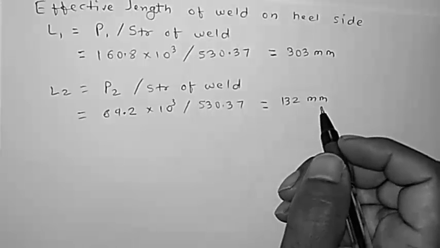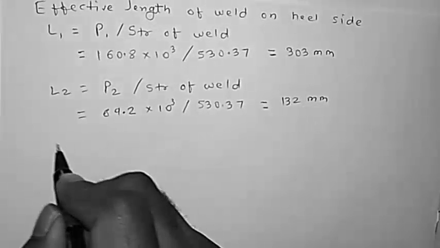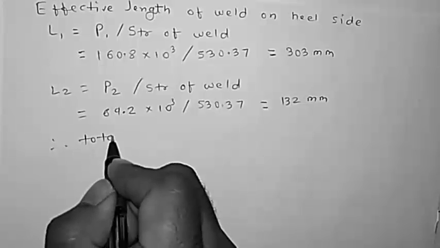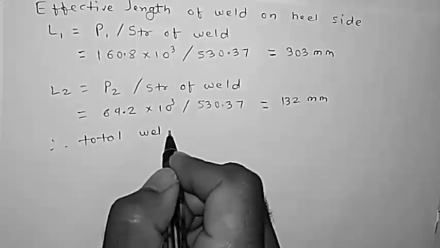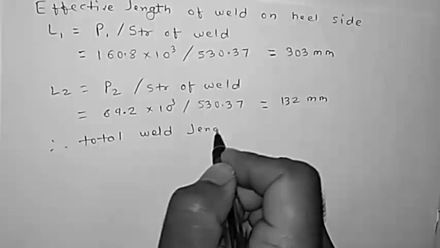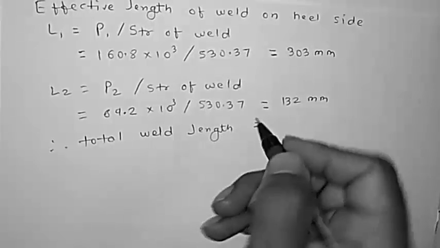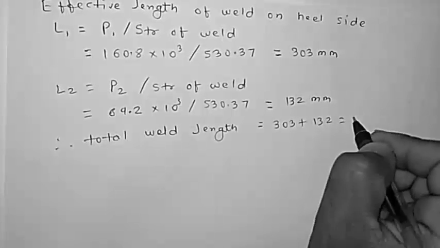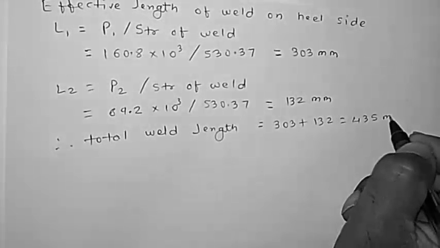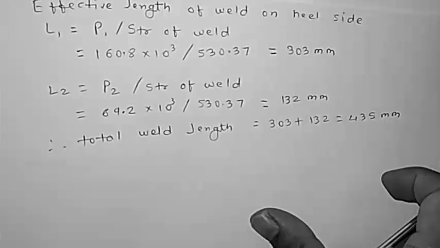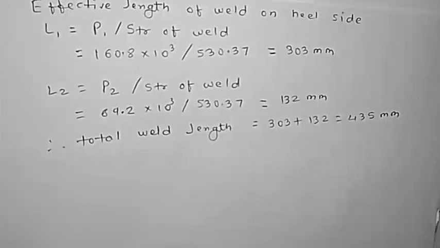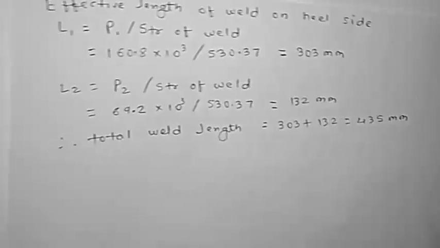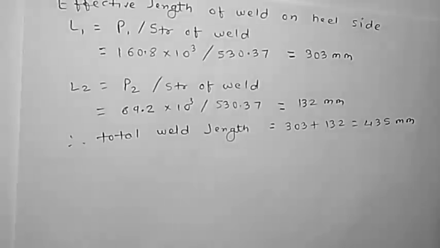So now we can say total welded length. So therefore total weld length would be equal to addition of 303 plus 132, that is 435 mm. Now we need to calculate block shear.